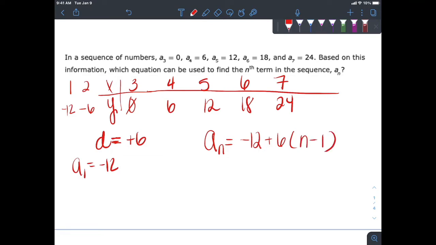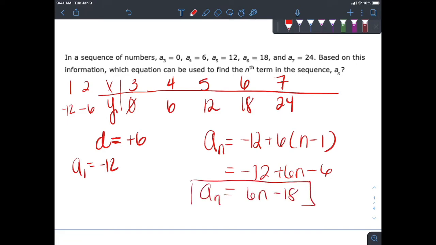They could ask us to simplify this, in which case I would simplify it to the best of my abilities, and I would end up with something that looks like y equals mx plus b. I could have also run a linear regression because this was an arithmetic sequence, which means it's linear.